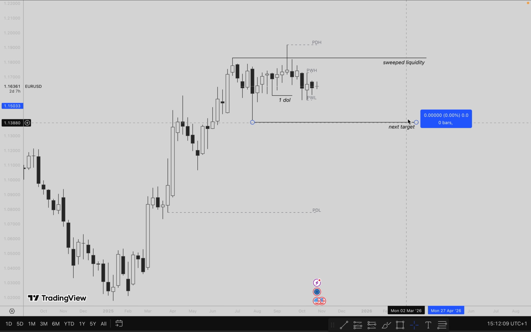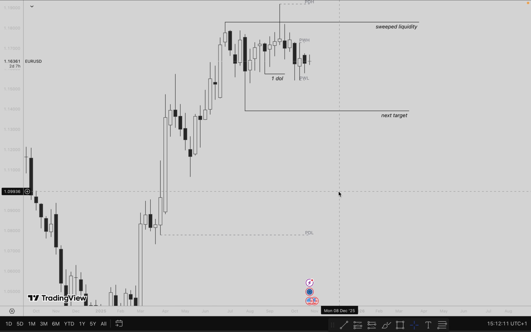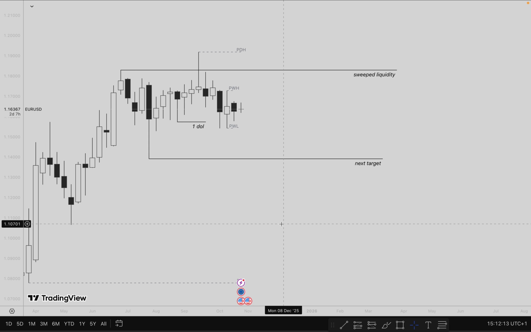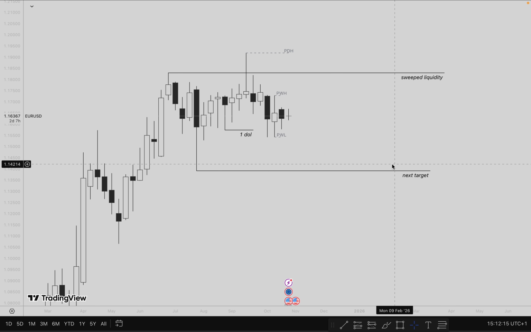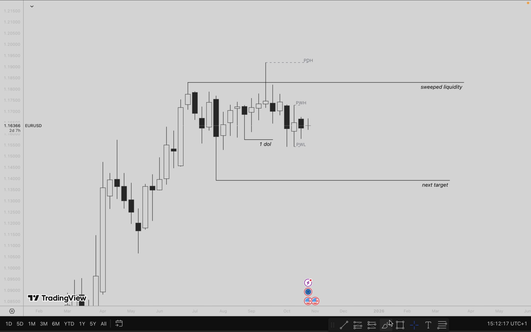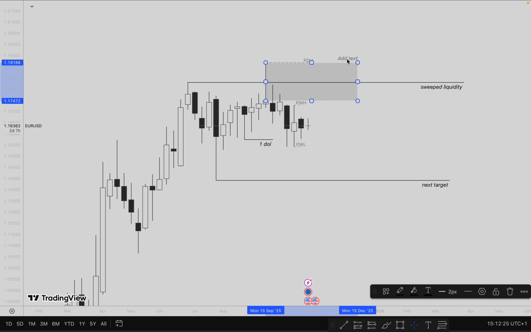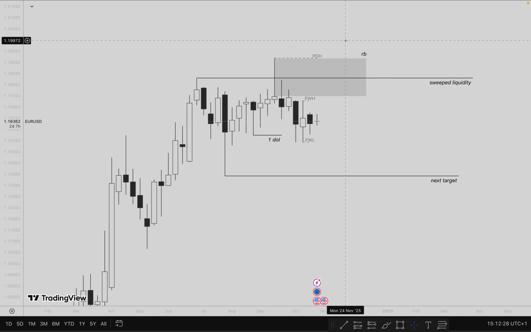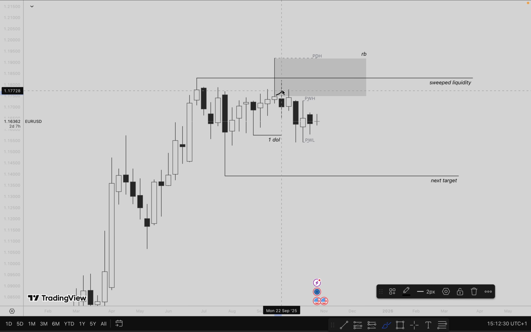Why am I putting this as my next target? Let's look at the chart right here and analyze it. I can see that after reaching this target, this external liquidity, we closed with such a candle, and it is our rejection block. After that we also entered this zone and got our reaction for the short.